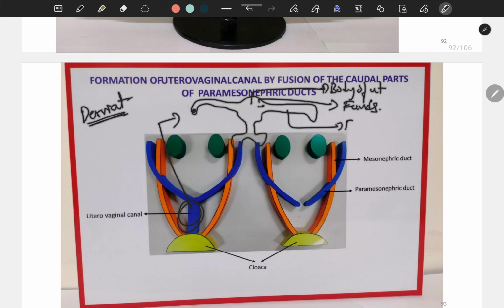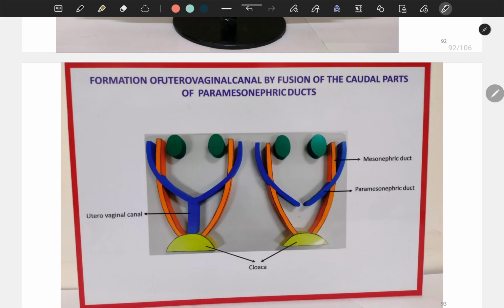This is the fallopian tube. So the derivatives are the fallopian tube, fundus, and body of the uterus, cervix, and upper vaginal wall.